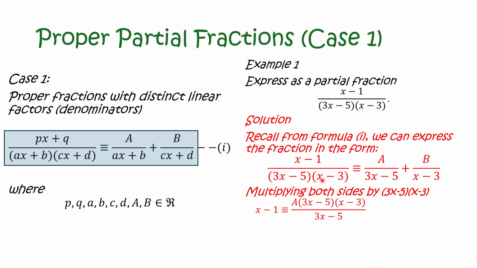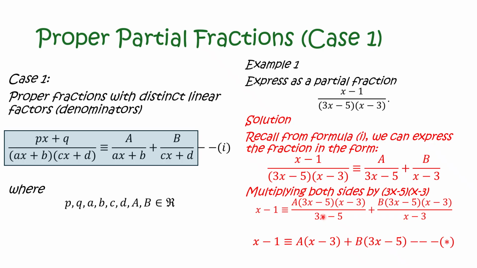When we do that, the divisors are cleared from the left-hand side, so that we have x minus 1 being equivalent to the A's, and we can cancel out the common factors in the numerator and the denominator, so that we finally have x minus 1 is equivalent to A times x minus 3 plus B times 3x minus 5. Let's call this equation star. We are calling it equation star because we will refer back to this equation.